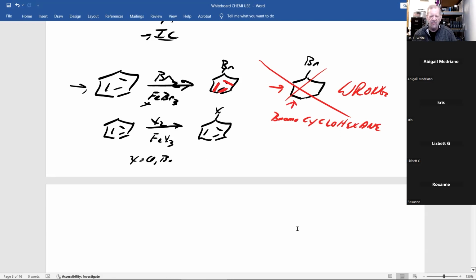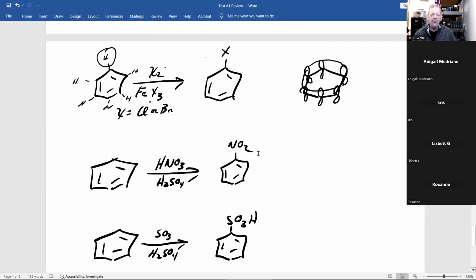Now, the other thing I mentioned in the videos, and later on, you're going to do a lab with this concept, but if I had a group on there and I'm doing this reaction, where does the new thing go relative to the group that's already there? And there are rules that govern that.